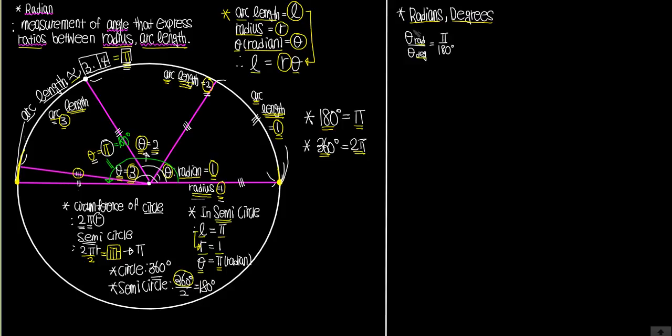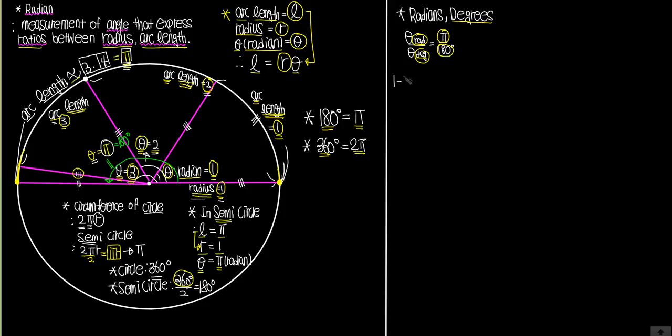And the way to do it is that theta, the angle measurement in terms of radians, over theta in terms of degrees has a proportion of pi over 180 degrees. The reason we could set it as equal is because this is a proportion or ratio. So using these ratios, we could convert radians to degrees or degrees to radians.